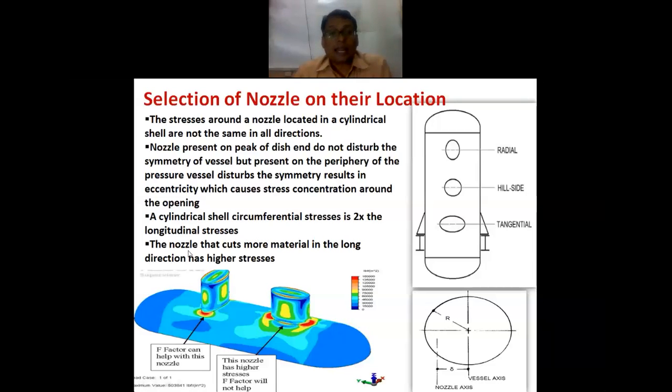The nozzle that cuts more material in the long direction has the higher stresses. In this figure, you can see the nozzle which cuts more material has higher stresses. This is the longer length that is cut, so you have higher stresses in this section.